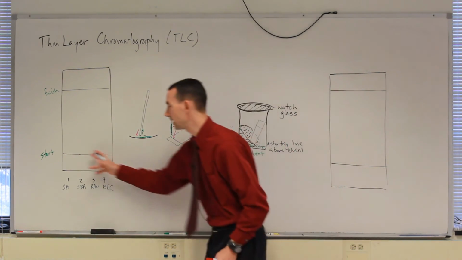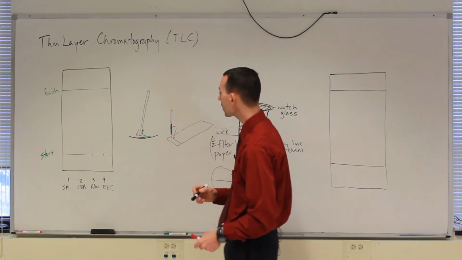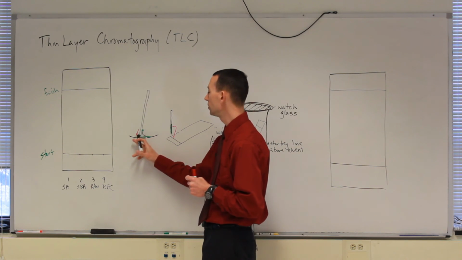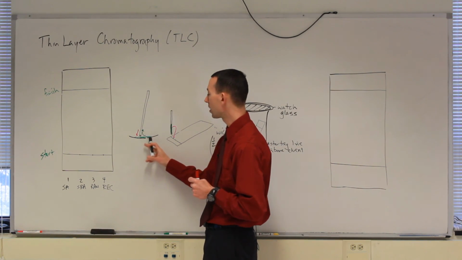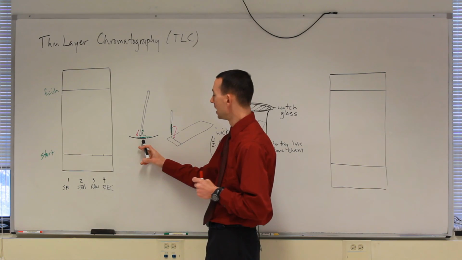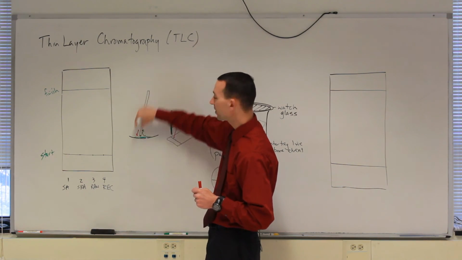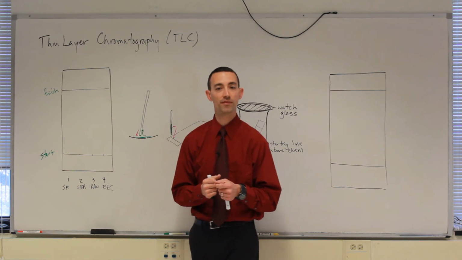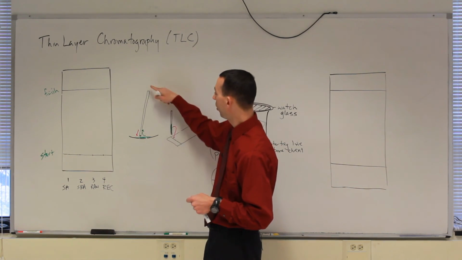All right, so how do we get the chemicals on this plate here? We're going to dissolve small amounts of the chemicals into alcohol or our eluate mixture, okay, and then we use a very thin straw. It looks a lot like the melting point tubes that we've used this semester, but it's open at both ends.